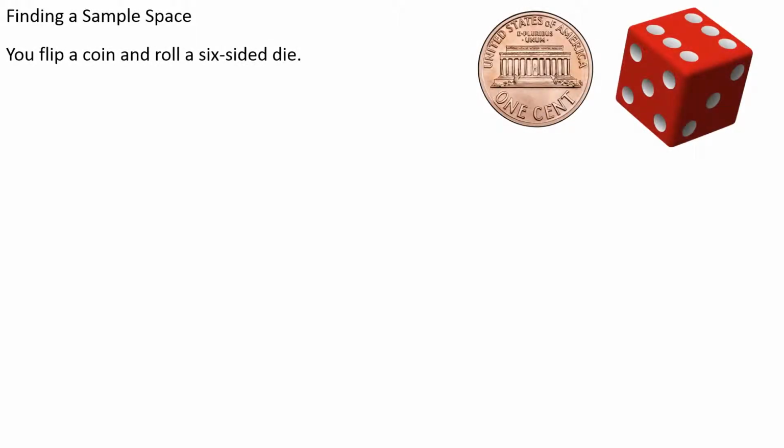Okay, let's see if we can figure out our sample space. Ooh, I'm going to do 2 things. I'm going to flip a coin and roll a six-sided die. So what could possibly happen?